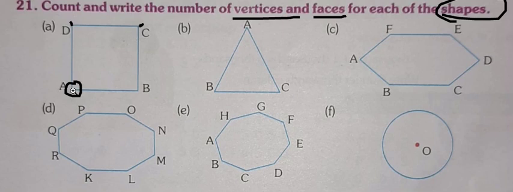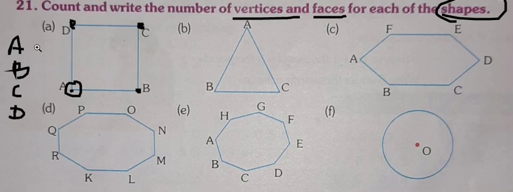Its name is vertex A, its name is vertex B, its name is vertex C and its name is vertex D. So we can easily write the vertices. Now let's write the names of the vertices. These are A, B, C and D.